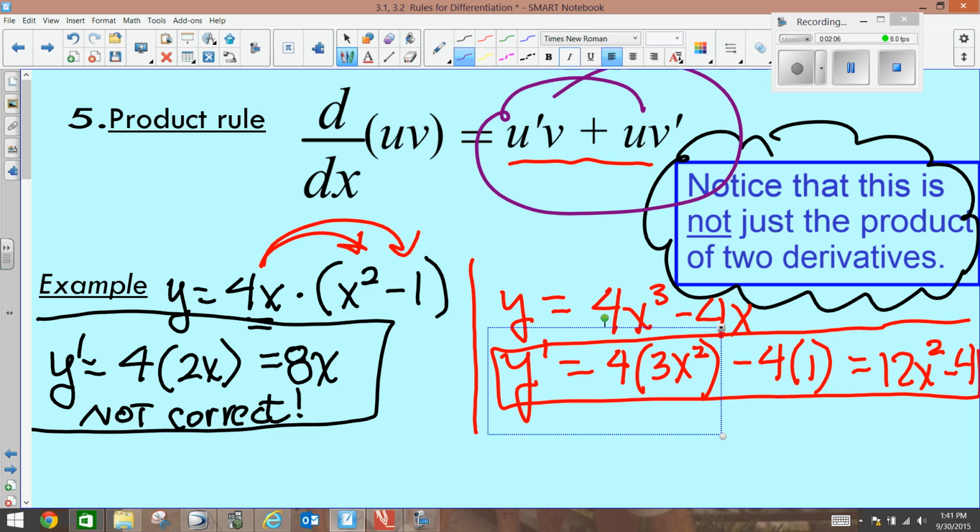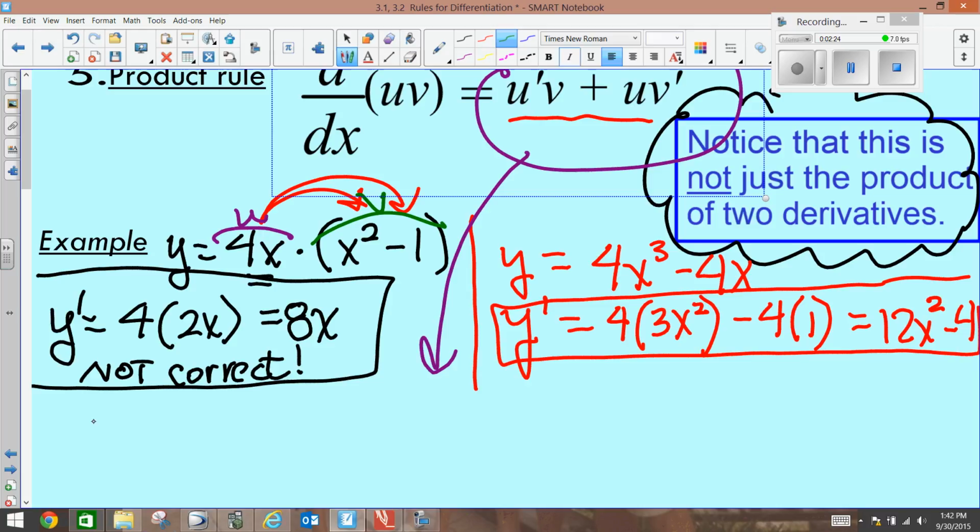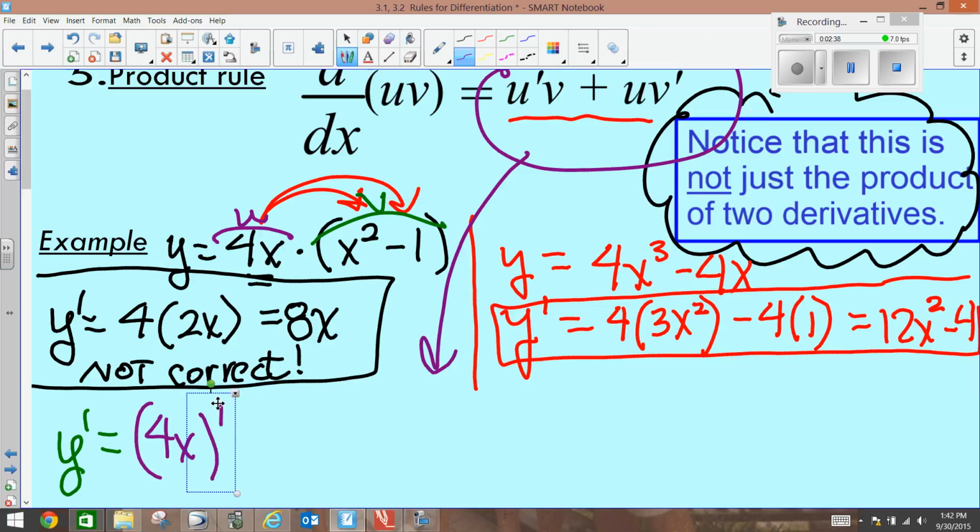Okay. All right, now let's use the product rule. We'll go for purple here. Okay, so here's how this works. You are going to consider this u for 4x and this v. Okay, so it looks like y prime is supposed to be u prime. So, color code, 4x, the derivative of u prime, okay, times v.